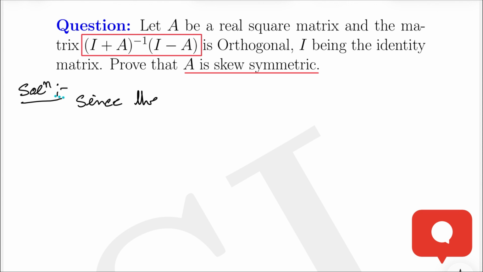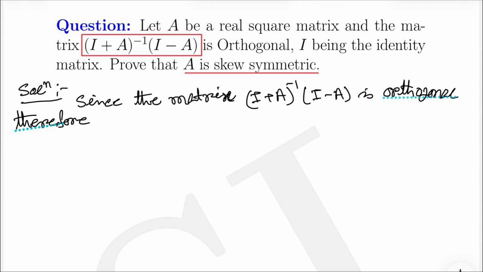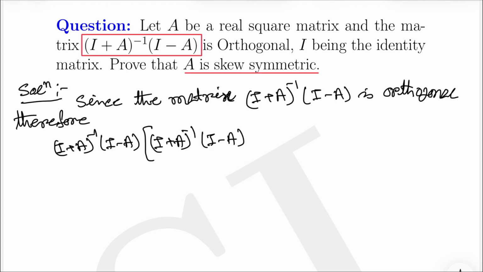Since the matrix (I plus A) inverse into (I minus A) is orthogonal, therefore, according to the definition of an orthogonal matrix, we get (I plus A) inverse into (I minus A) into ((I plus A) inverse into (I minus A)) transpose is equal to identity.